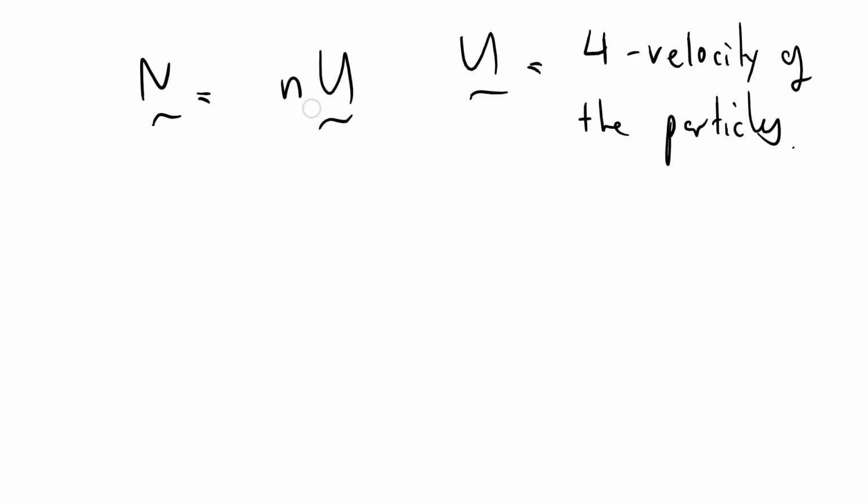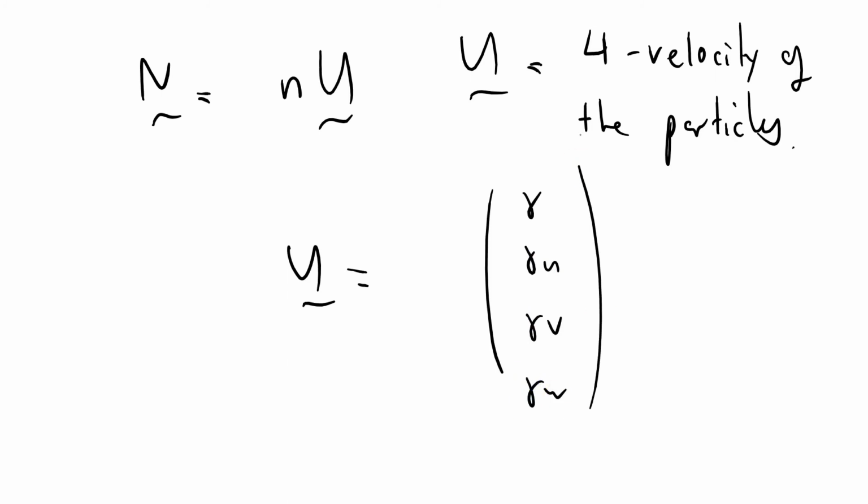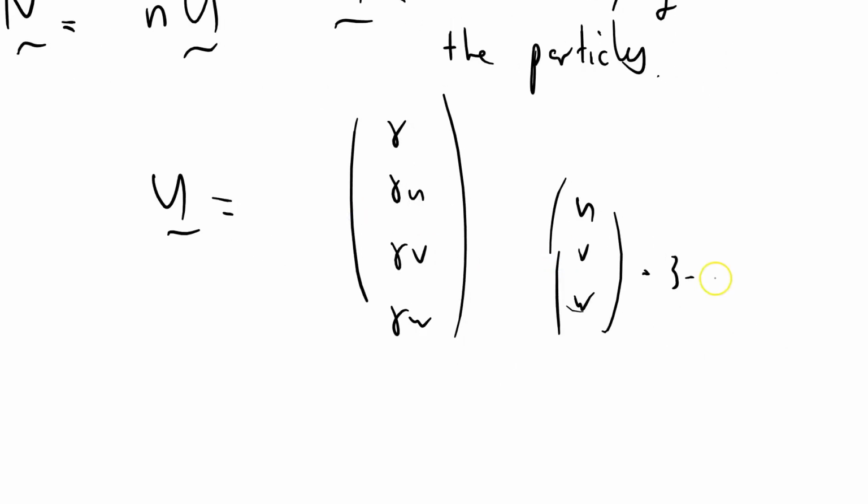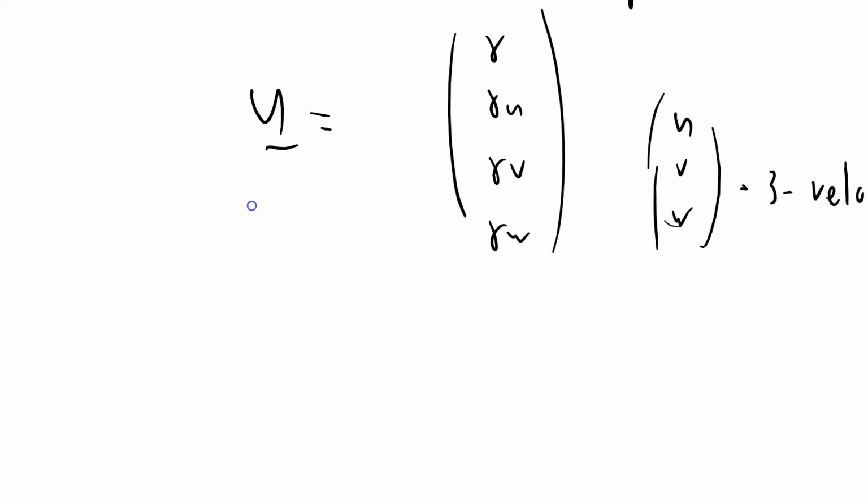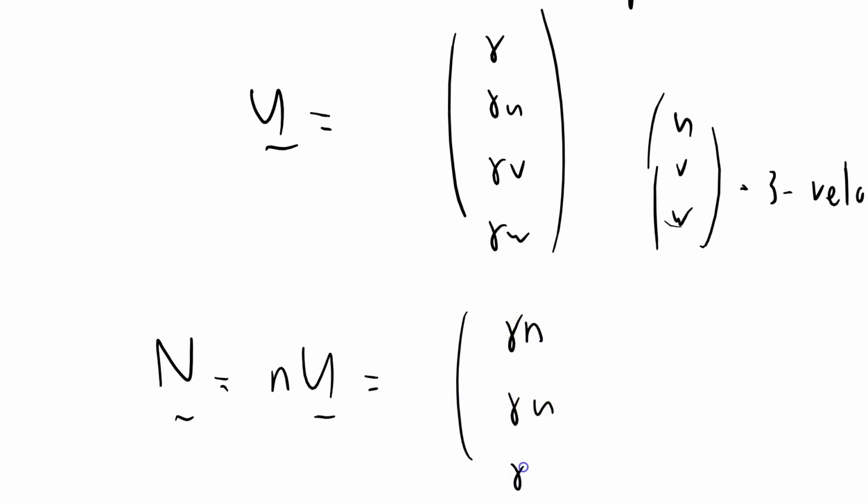So we can write it out. Because we know what u is, and I'm going to write it as a column vector: gamma, gamma u, gamma v, gamma w, where u, v, w is the 3-velocity. We know that N equals n u, which equals gamma n, gamma n u, gamma n v.